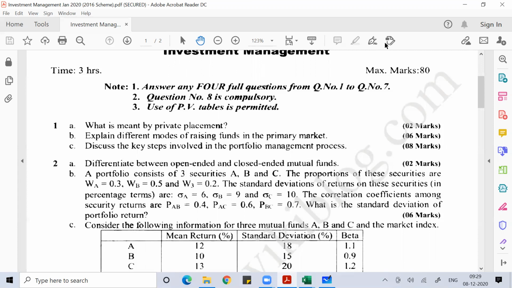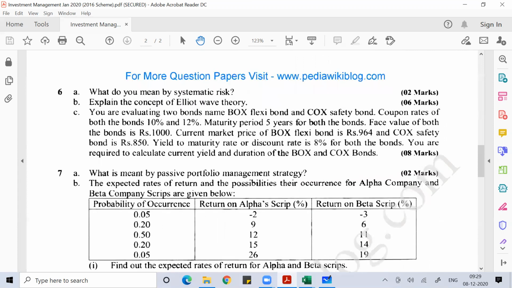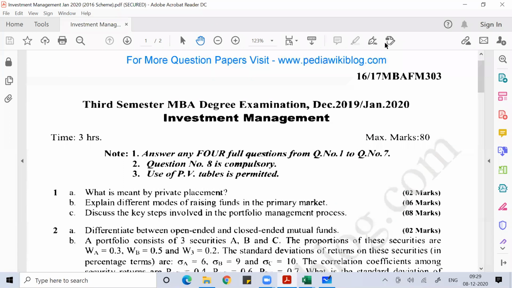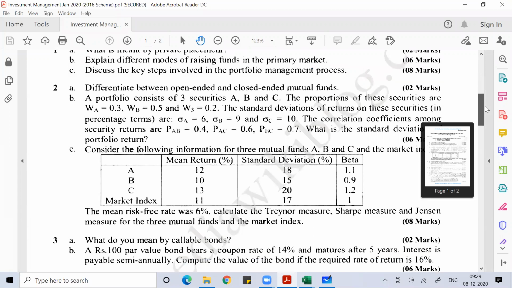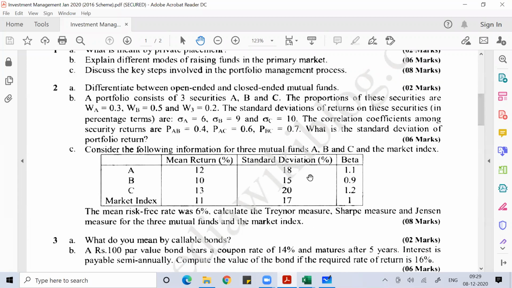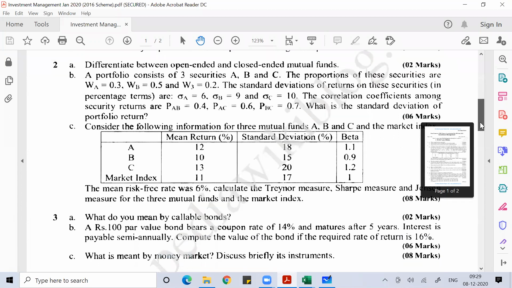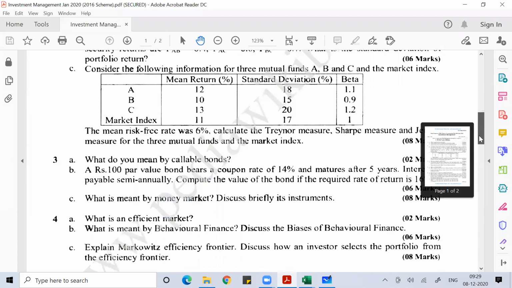Going further, we have discussed the third A. We also did the second C, where we had to calculate the Treynor ratio, Sharpe ratio, and Jensen measure for this portfolio of a mutual fund.